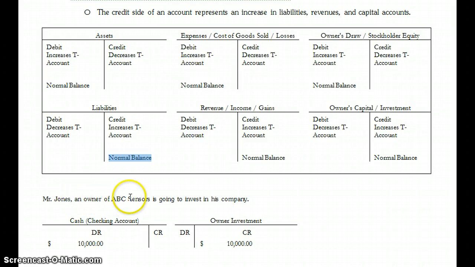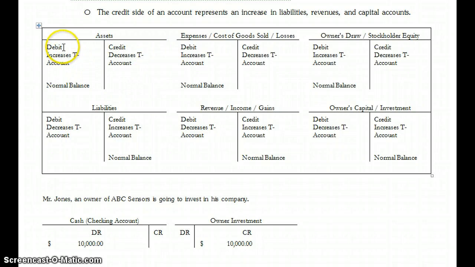Mr. Jones is the owner of ABC Sensors, and he's going to invest in his company. He's going to take $10,000 and invest it in his company. So he's going to be making a deposit into his bank account, which again, a bank account is an asset.